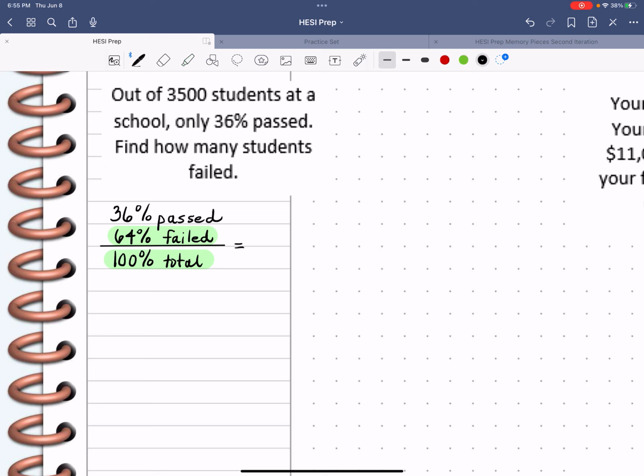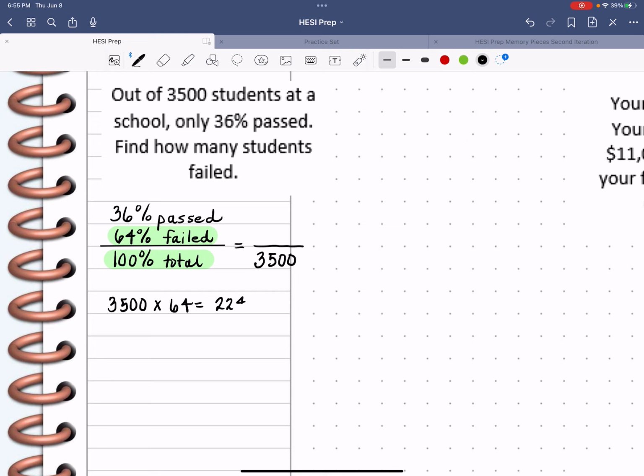So we can go ahead and carry our 3,500. That's all the students, so that's a total. So we would be multiplying 3,500 times 64. And that's a very big number.